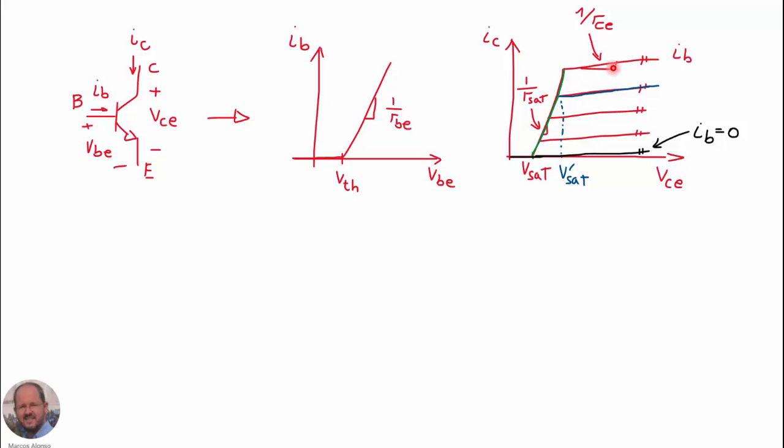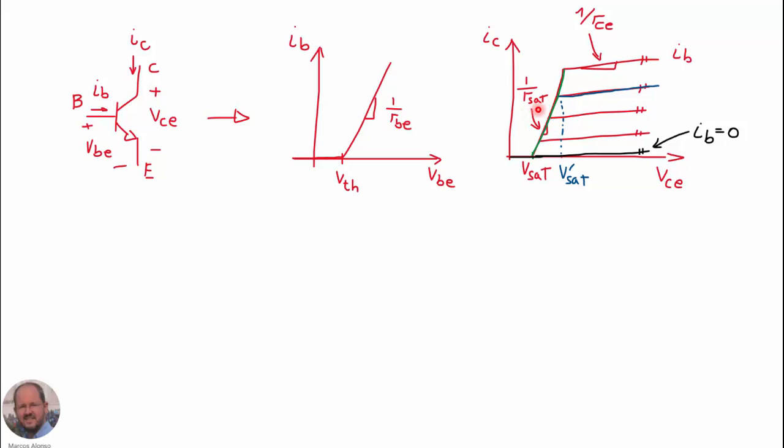So the slope here, we can consider that this slope is given by 1 over the resistance between the collector and the emitter, RCE. Then we have the saturation region, which is this line here, in which we consider that the current versus the voltage is linear. And also the slope of this saturation region can be given by 1 over a given resistance that we are going to call R sat.